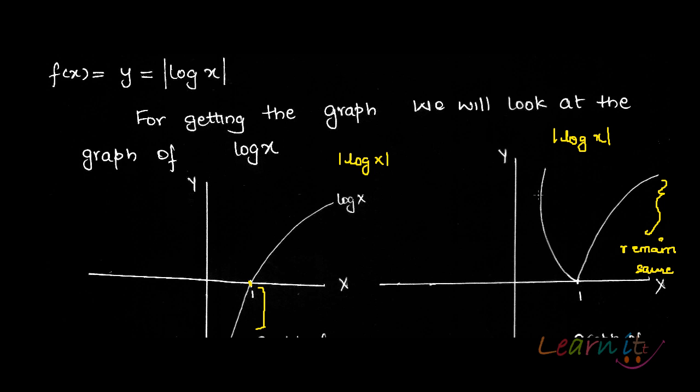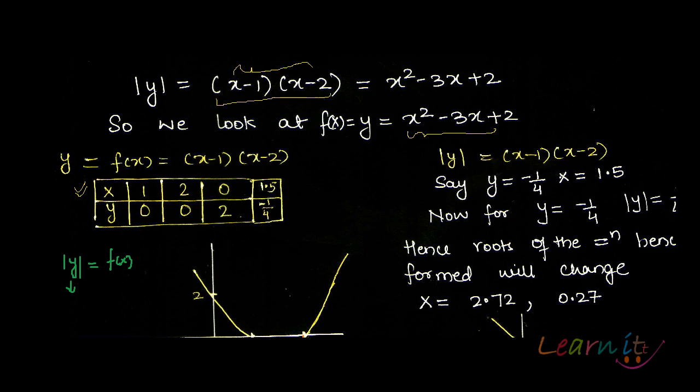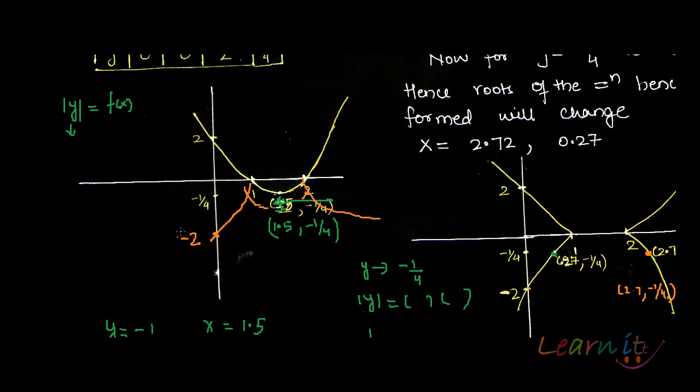What I'm saying is that even when my y value is negative, when I'm looking at the function given to me, I will get a different x for it, because the y value in the function turns positive. The y value is negative, but mod y will be positive. So for y, I will have a different x.